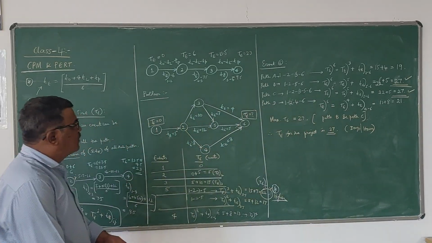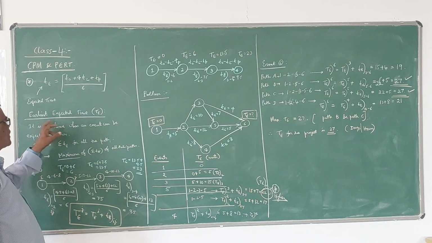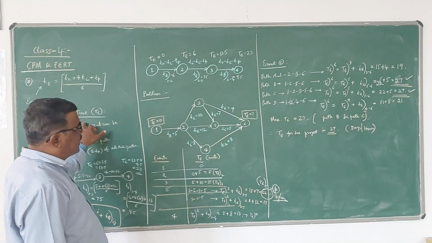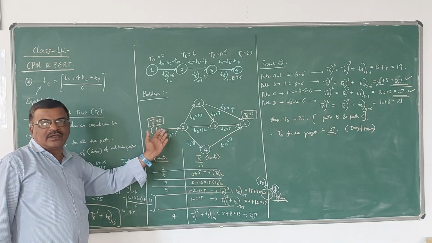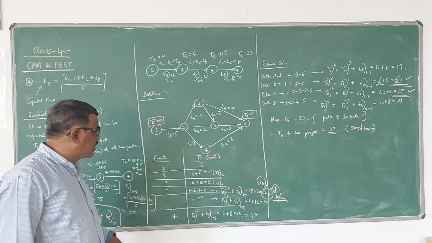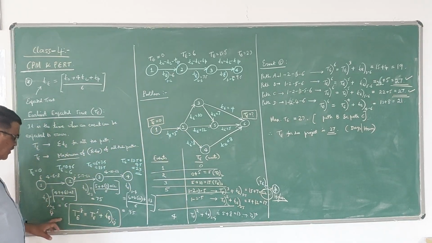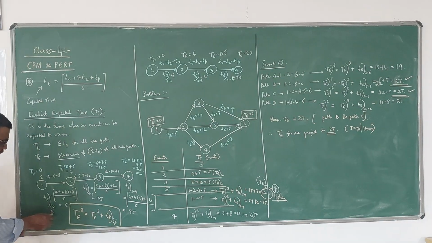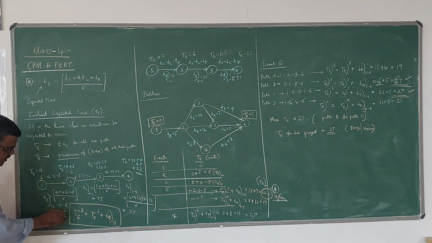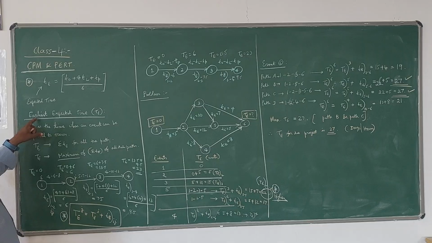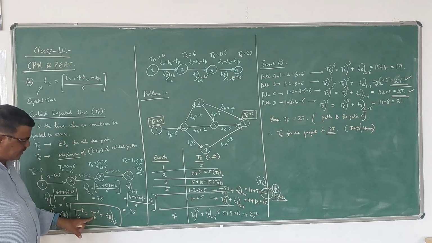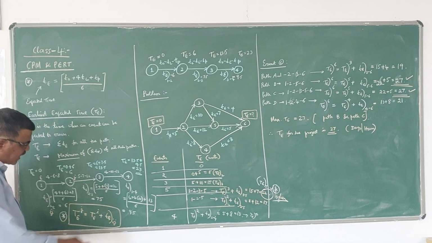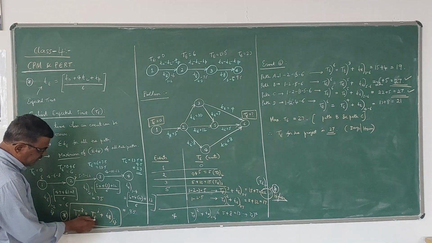So this is how we can compute the earliest expected time, capital TE, when we have a number of paths for the completion of the project. If it is a single path, we can use this. Anyway, this is the general formula which gives the relationship between the earliest expected time TE and the expected time t. So this is for the activity. These two are for the events.